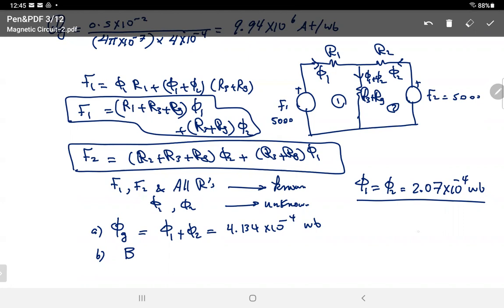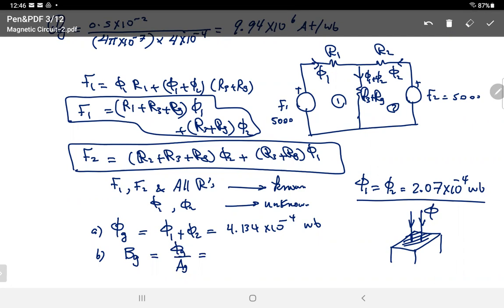We explained previously, and I'm going to remind you: if this is the core, and that's the cross-section area, and the flux goes in this direction, perpendicular to the area, then the flux density is equal to flux phi divided by the cross-section area. That's the density; it means for every square inch, what do you have? So Bg is equal to phi g divided by the air gap area.